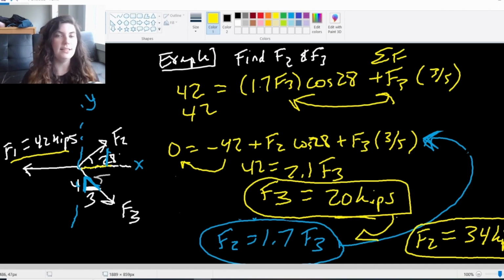It's really easy to make those mistakes, and then you end up with an entirely wrong answer just because you had a negative sign instead of a positive, or vice versa. So we're going to go through a few more examples of setting these up, seeing how they work.